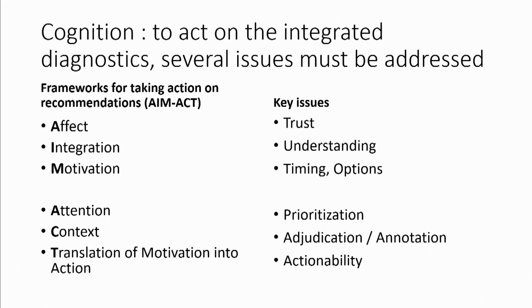Basically, you need to have some kind of emotional response. Now, if you're an oncologist caring for somebody and you see integrated diagnostics that may be pertinent for your patient, you really want to apply that. So maybe the affect is not so hard to hit here because you're passionate about how you care for patients. But then you have to integrate it and then be motivated to take action. We have to think about when the right time and place to provide that and how we provide the messages. This is important for your patient.